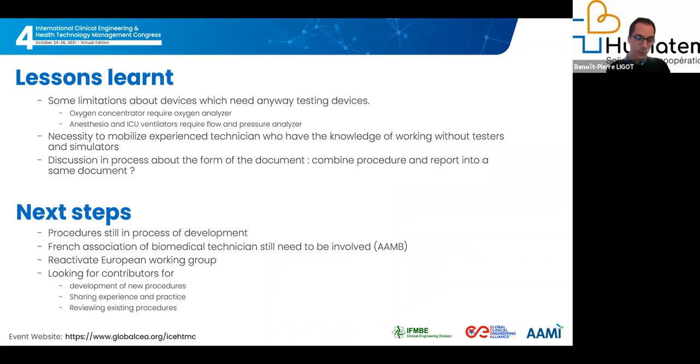Some lessons learned that we can share today: we discovered some limitations about devices which absolutely require testing tools anyway. For example, the oxygen concentrator necessarily requires an oxygen analyzer to be tested. Ventilators also need specific testing tools, for which we haven't found a cheaper alternative yet. So it's one of the limitations.